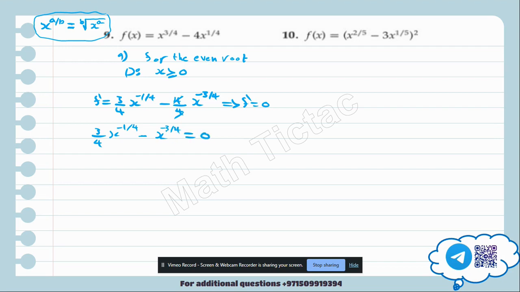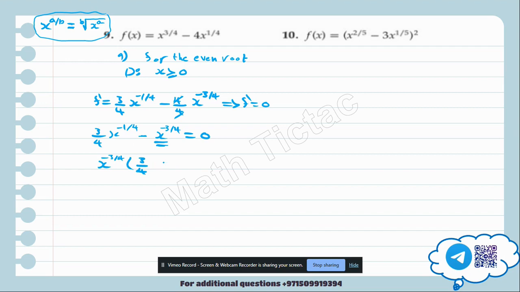Now I can take a greatest common factor, which is going to be the expression with the least exponent. So in here I can take x to the power minus 3 over 4 as the greatest common factor. So x to the power minus 3 over 4 multiplied by 3 over 4.